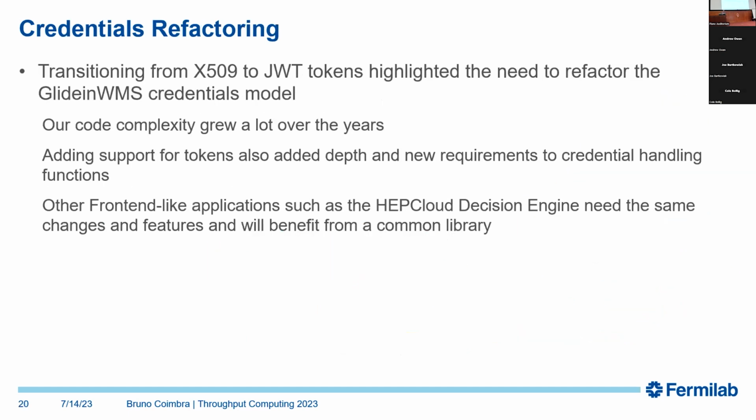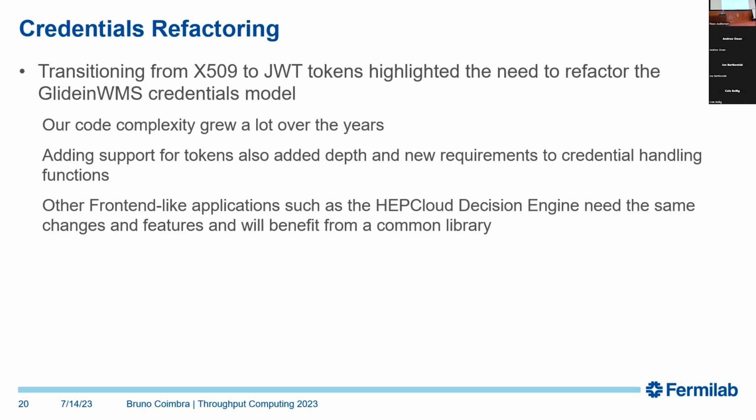And based on the experience that we had with it, we noticed that we needed to do something about our code and the way we handle credentials. So for a few reasons, one of them is GlideinWMS has been there for quite a while now, and the code has been getting more and more complex with time. Adding support for tokens and different credential purposes would add complexity and depth to our functions handling those credentials.